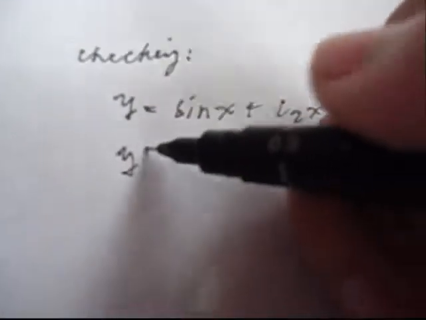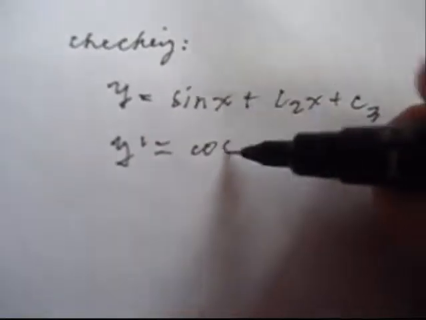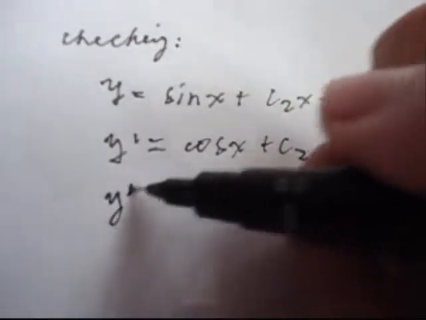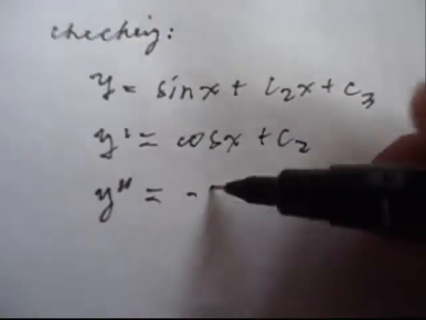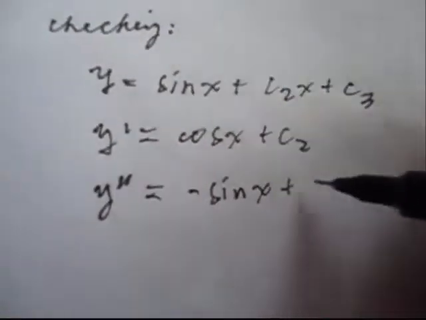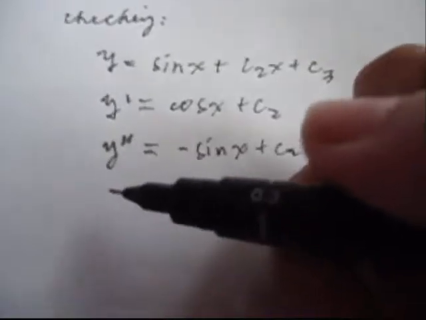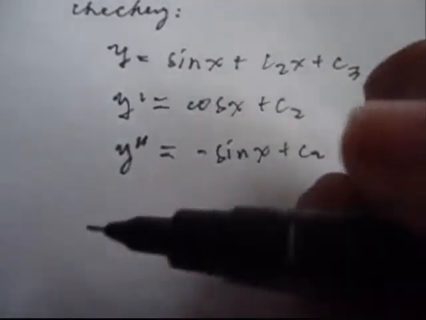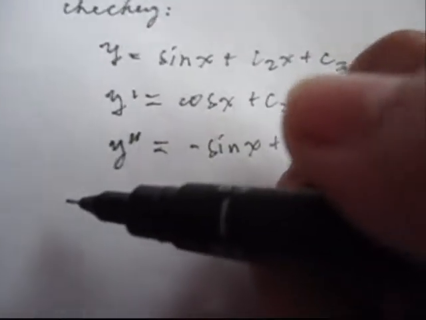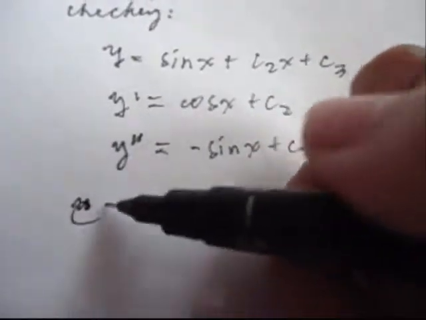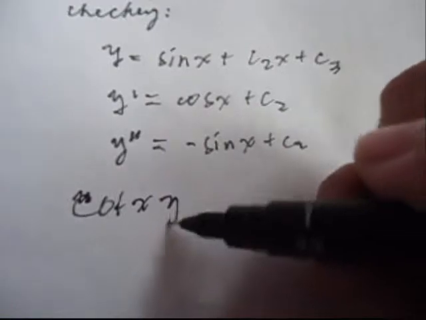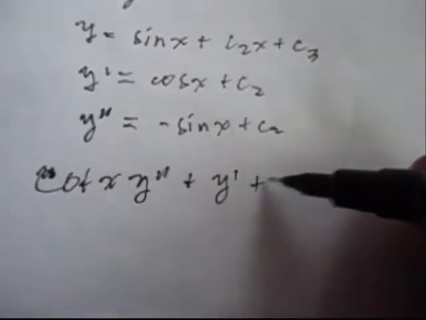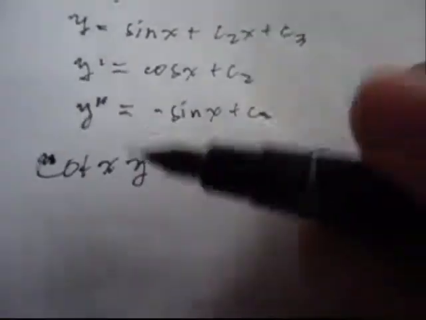So we have our y prime equals cosine x plus c2, and the second derivative of y is equal to negative sine x. So after we have this, let's substitute it to our original equation, which is cotangent x times second derivative of y plus first derivative of y plus 1 is equal to 0.